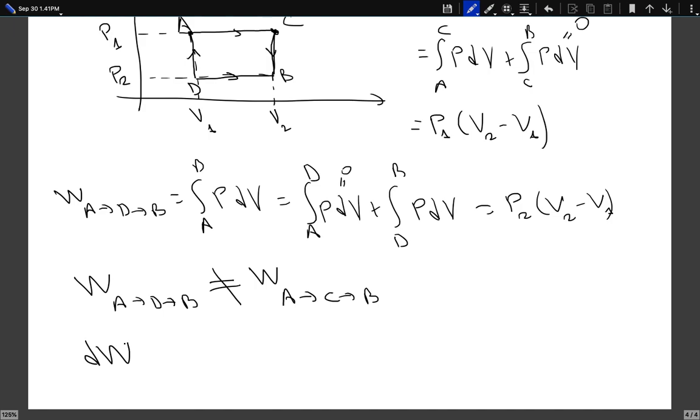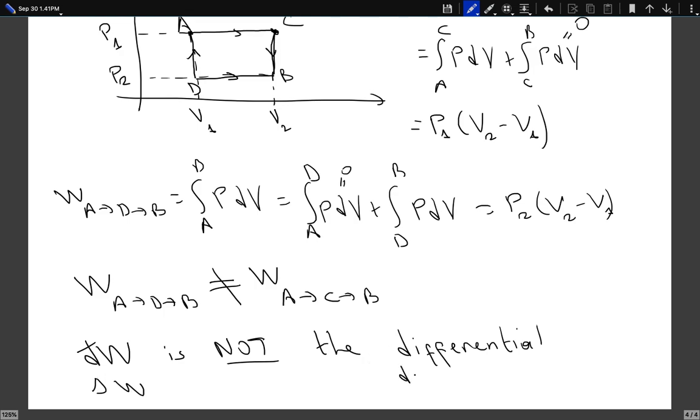But that difference in the case of work doesn't have any meaning if you don't specify how you go from the initial to the final point. It's not an exact differential. So dW is not the differential, or similarly delta W is not the difference of W.